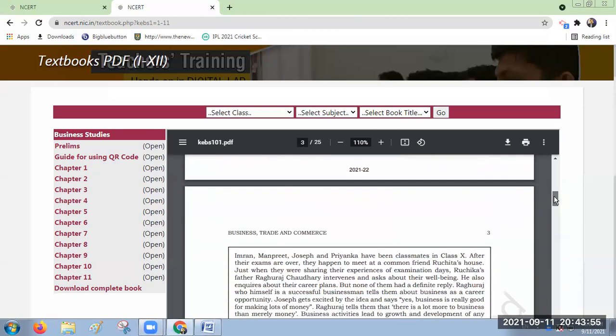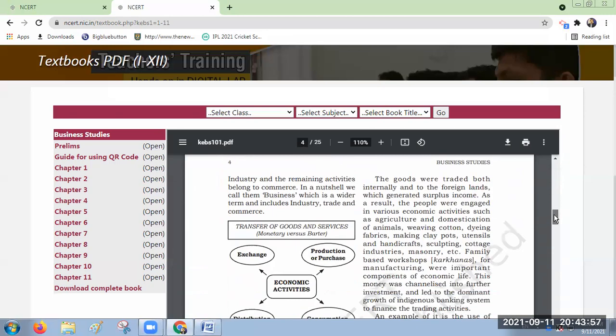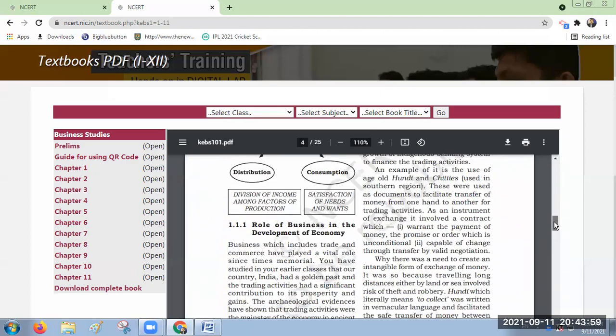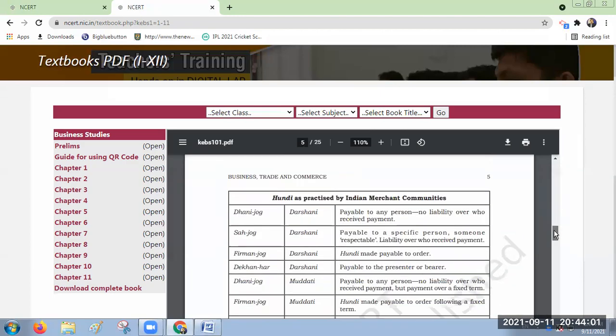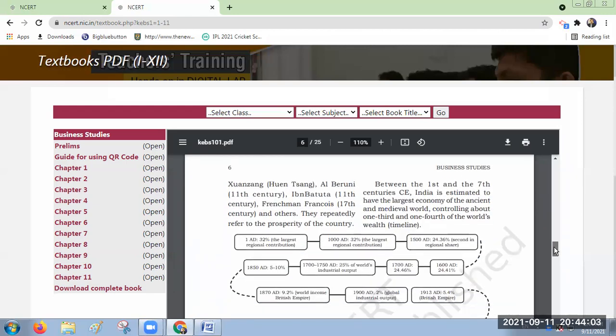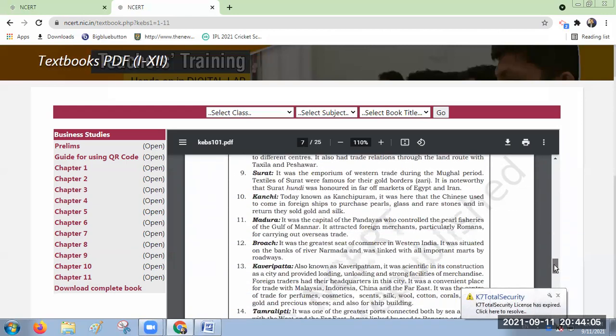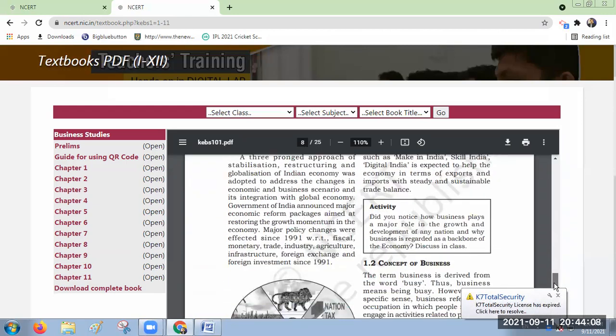I will show you. This entire first chapter we can explain, we can understand with the help of one diagram. That's all. I am searching for the diagram. It will be here.